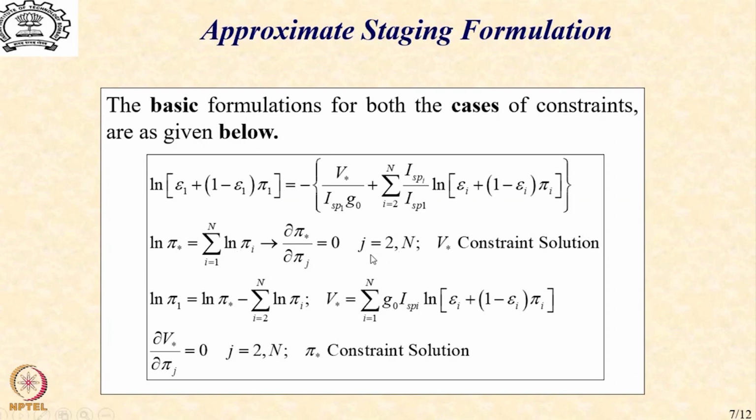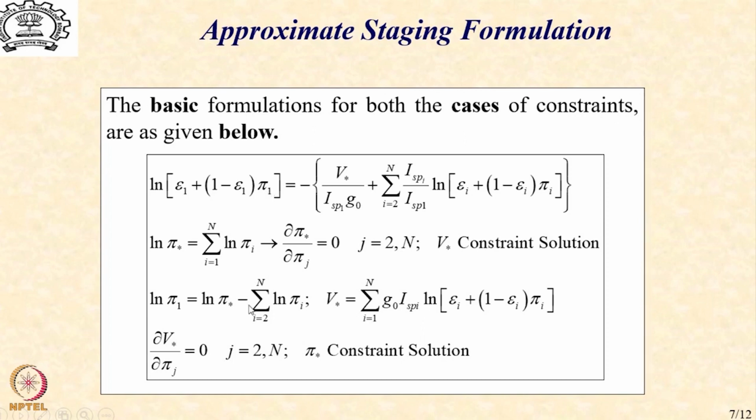And that's why I need to evaluate only those n minus 1 partial derivatives going from j equal to 2 to n. So these represent only n minus 1 algebraic equations, and the nth algebraic equation is my constraint relation, in which once I evaluate the n minus 1 design variables pi 2 to pi n, I will substitute back into this and evaluate pi 1.